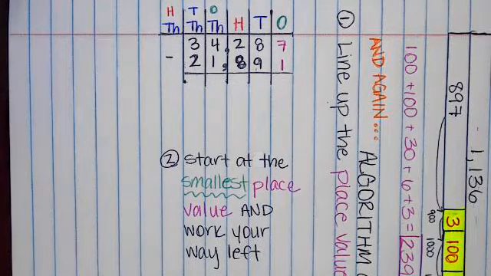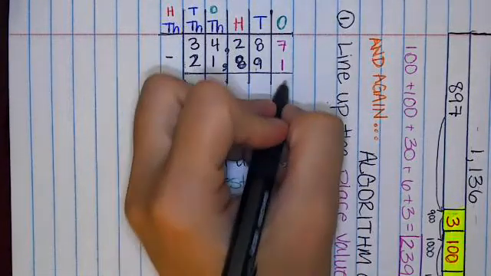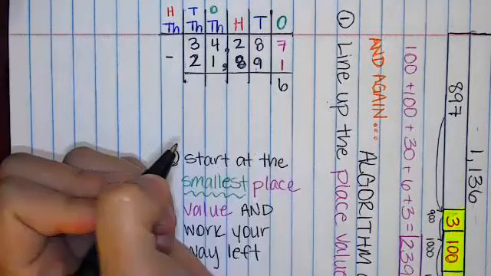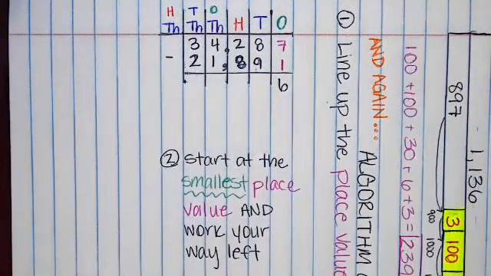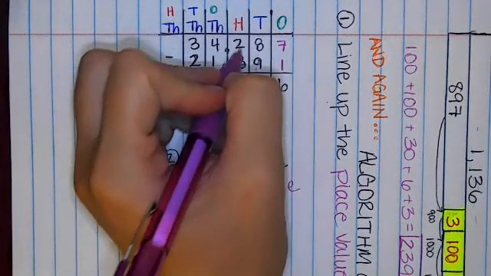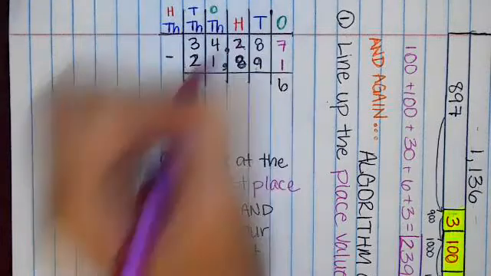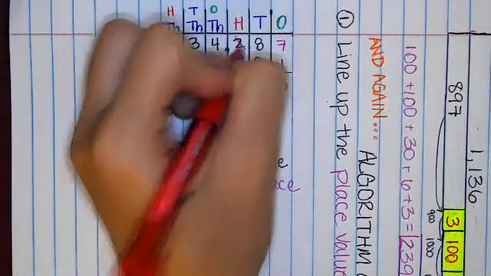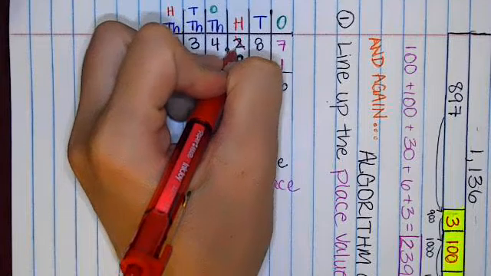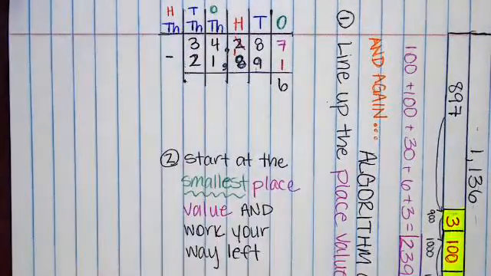So I know that 7 take away 1 is 6. I cannot do 8 take away 9, so I'm going to have to do a little thing called regrouping, but you guys already know what that is. I'm going to have to take 100 from the hundreds place and regroup that to make that a 1.